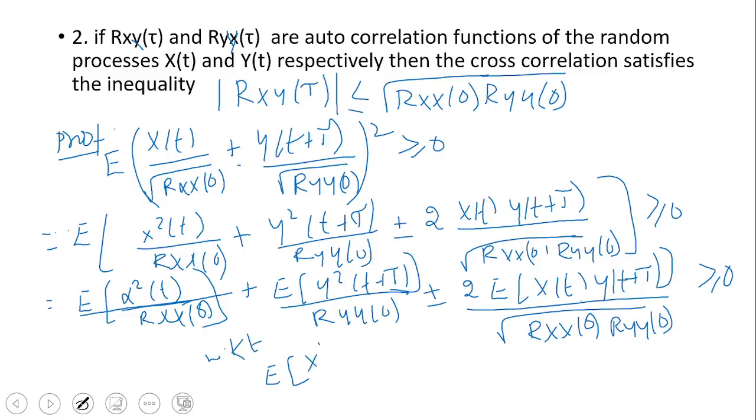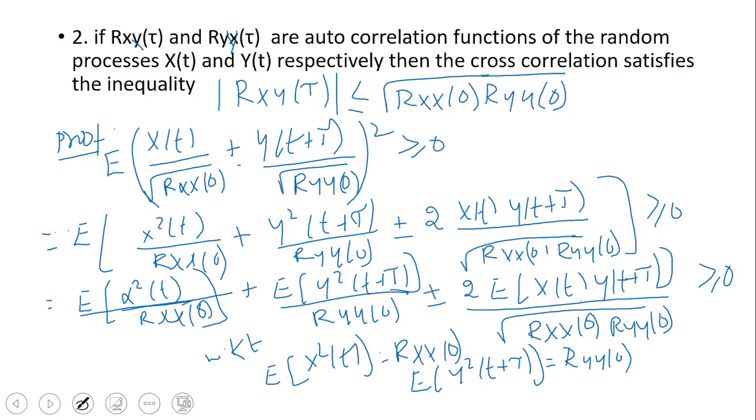Similarly, E of y square, whether it is t or t plus tau, is also equal to r y y of 0. That is, E of y square of t plus tau is equal to r y y of 0.